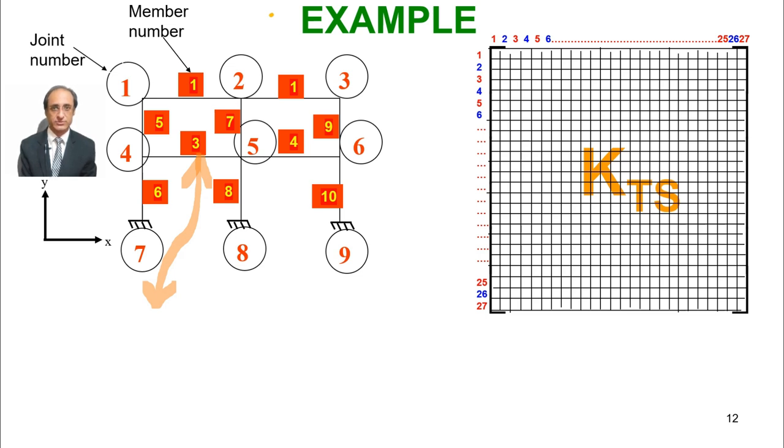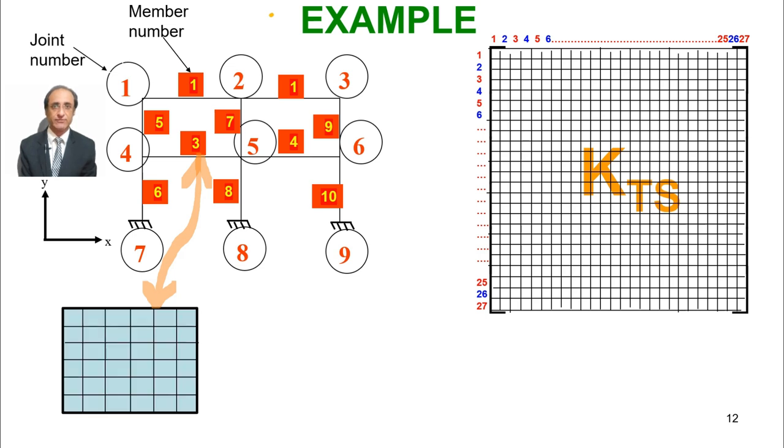And if we are just referring to some member, let's say this member, and we have the stiffness matrix of this particular member, this is a 6 by 6 matrix for this member 3. So we call it K3 global, of member number 3.